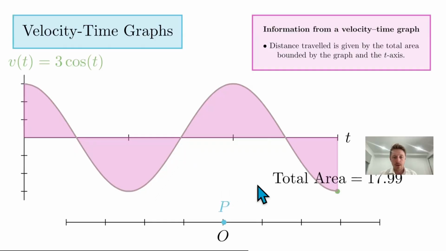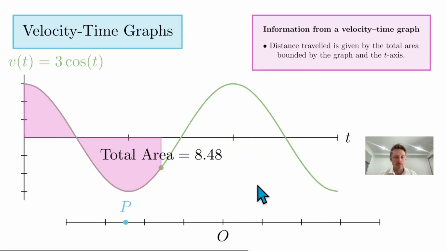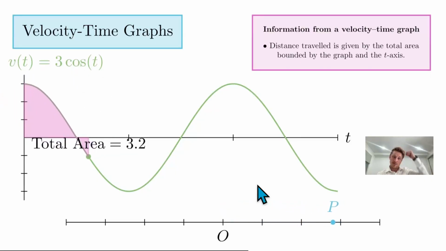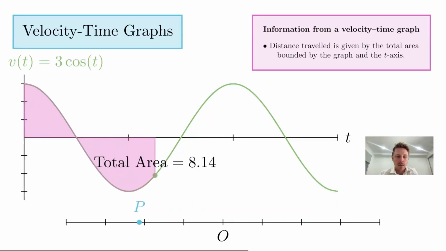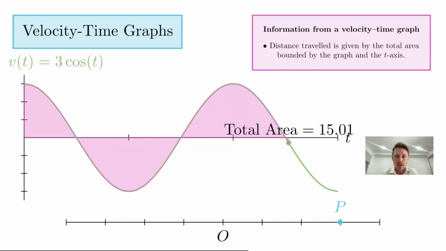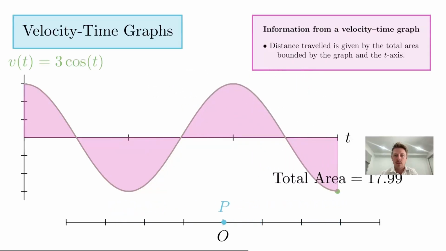Let me just play it one more time rather than talk about it. So you can see the total area accumulating. So 3 to the right, so we've gone 6, now we've gone 9, now 12, 15, 18. So the total area under a velocity time graph will give you the total distance that your point P has traveled. So that's big picture stuff.